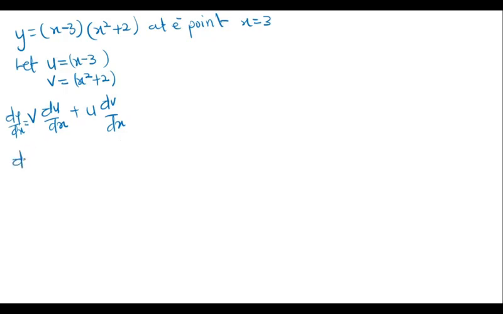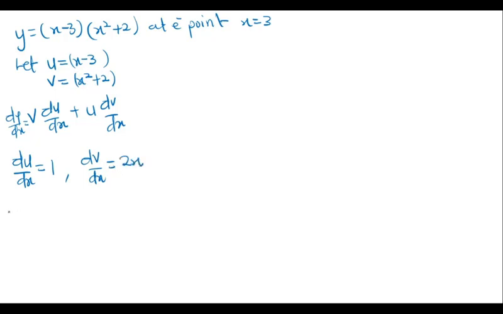If we differentiate u, which is du/dx, we are going to get what? If we differentiate x minus 3, we will just get 1. Now if we differentiate v with respect to x, this is x squared plus 2, we are going to get 2x.